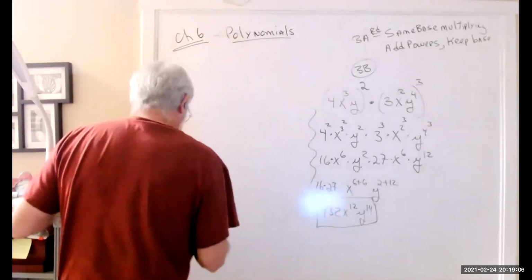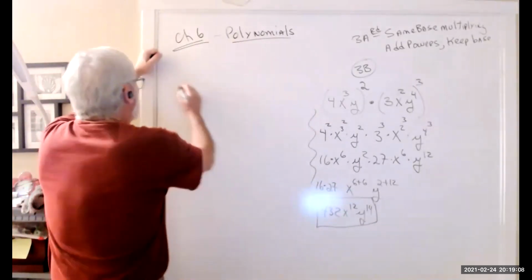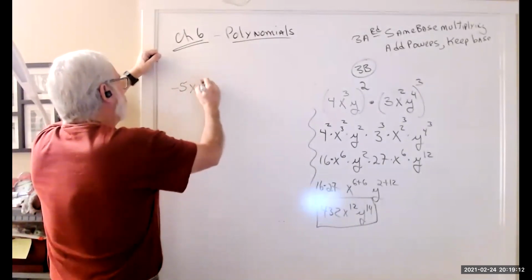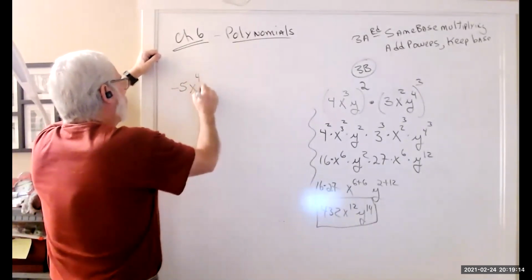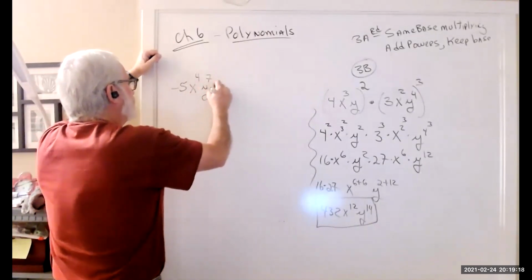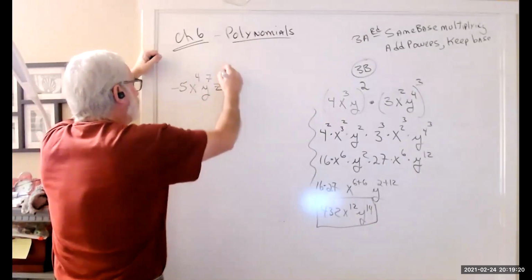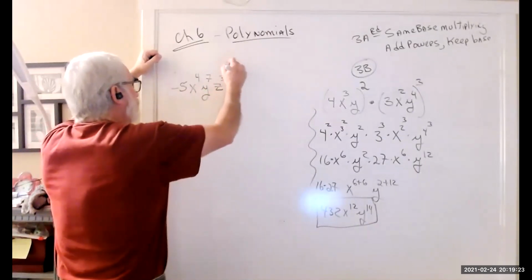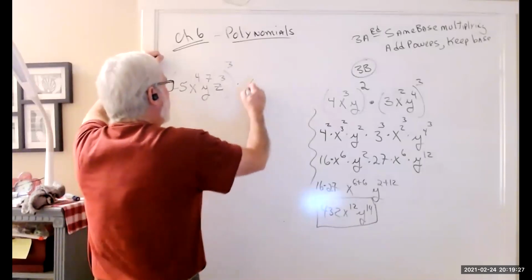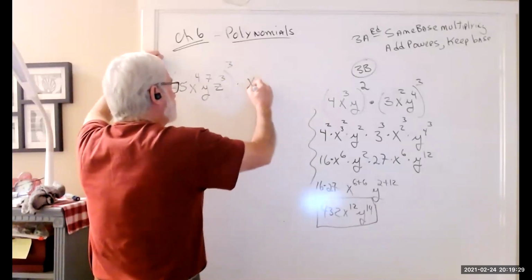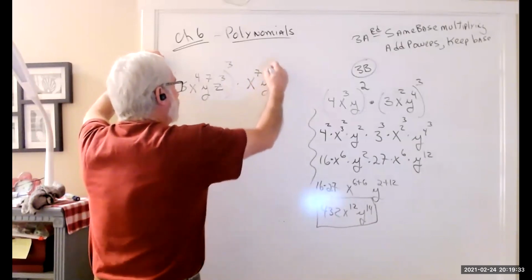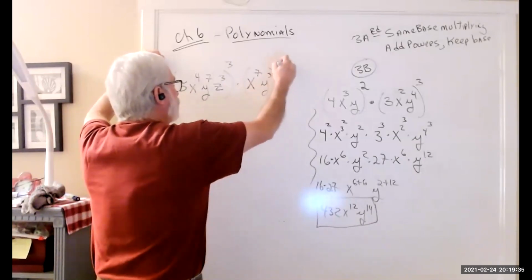Okay, let's see what I have. Negative 5 x to the 4th, y to the 7, z to the 3rd, quantity to the 3rd, times x to the 7, y to the 3rd, quantity to the 4th.